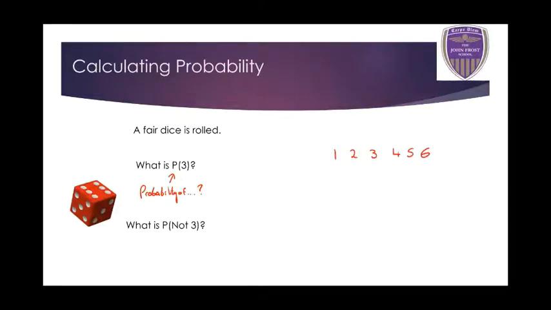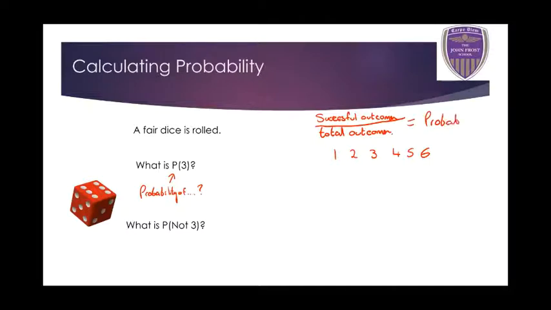If we think about the formula again for probability, we talked about successful outcomes divided by total outcomes. That is how you work out your probability.